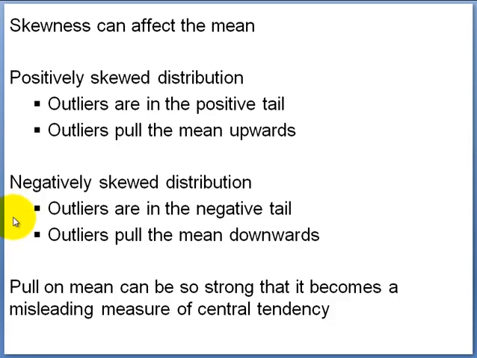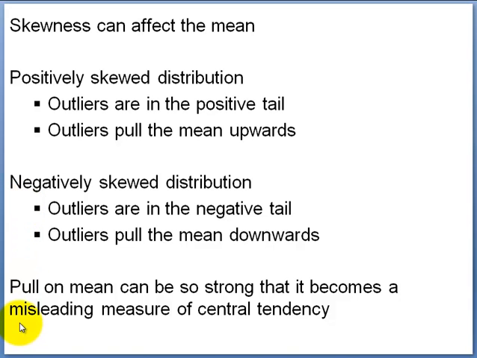And for a negatively skewed distribution, to say that that's the shape of a distribution says much the same thing as to say the outliers are predominantly in the negative tail. And the very, very low values have the effect of pulling the mean downward.